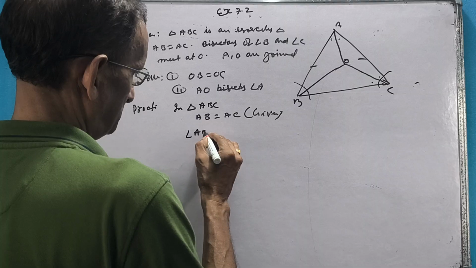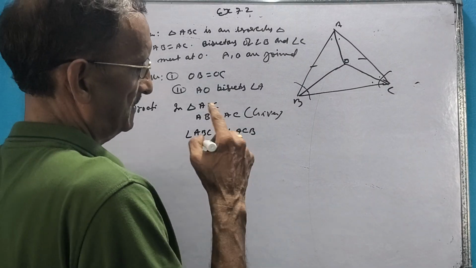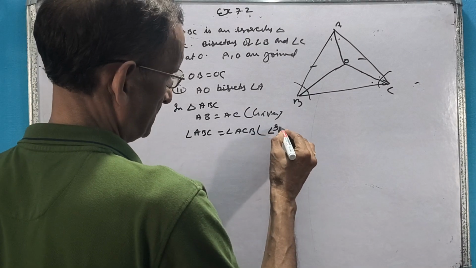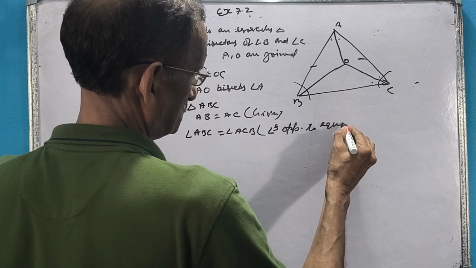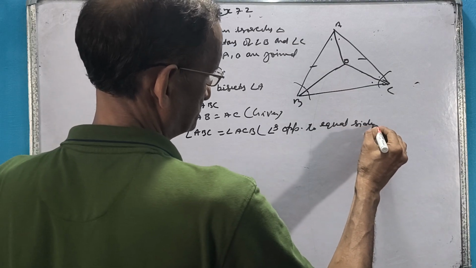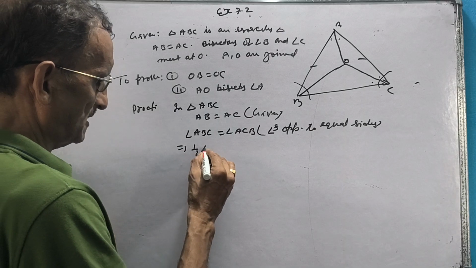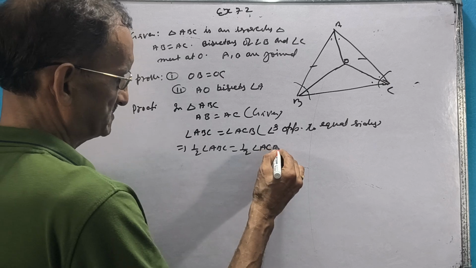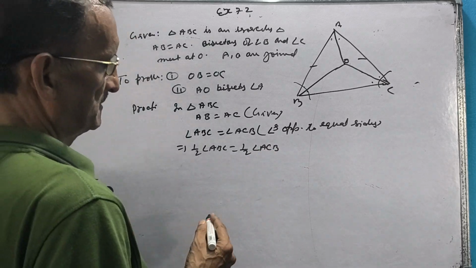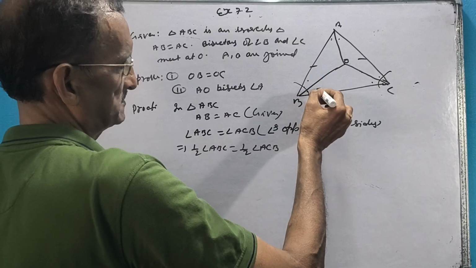So angle ABC is equal to angle ACB, angles opposite to equal sides. Now if two angles are equal, their halves are also equal. Half angle ABC is equal to half angle ACB.